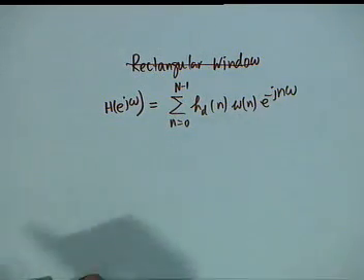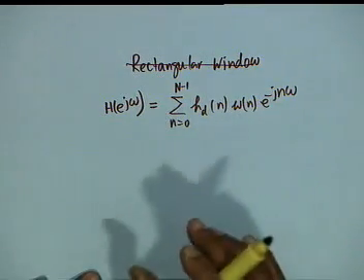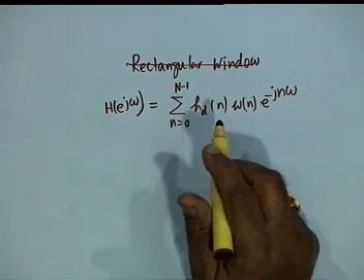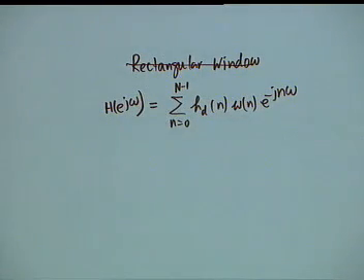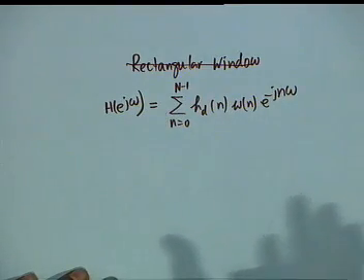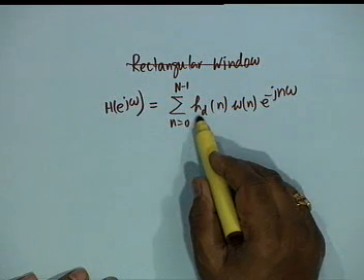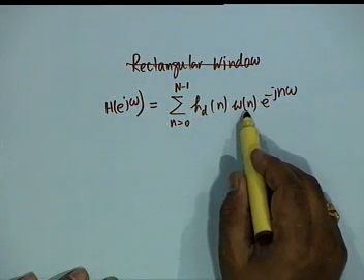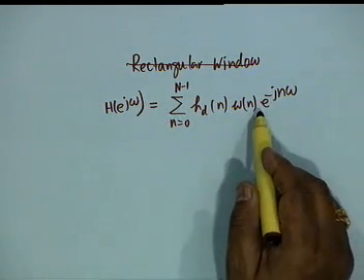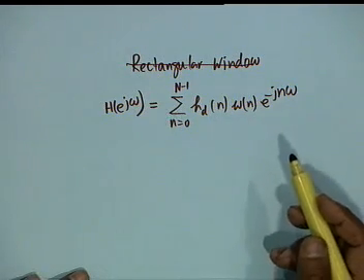Let us not specialize w n to rectangular. We want to find out what kind of window shall be the optimum. What are the characteristics of the window function? Okay. Yes, we have to have a finite impulse response, that is h of n, which is h d of n multiplied by w n. h d n is of infinite length, but w n must be finite. Okay.